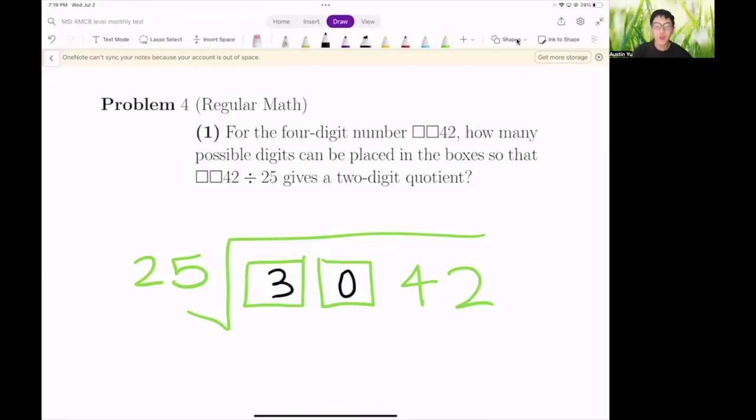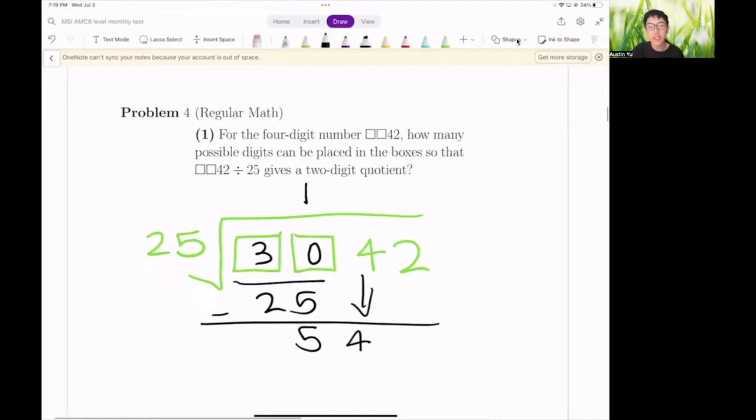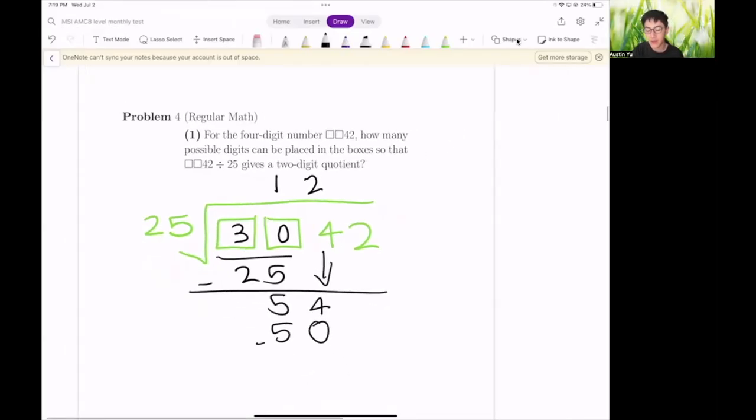Well, we see here that 25 goes into 30 one time. So we subtract 25 and we have a 5 left over, drag down the 4. And how many times does 25 go into 54? Well, 2 times, right? So 2 times 25 is 50. And then 54 minus 50 is 4. And again, we drop down the 2. And then this time we see here, how many times does 25 go into 42?